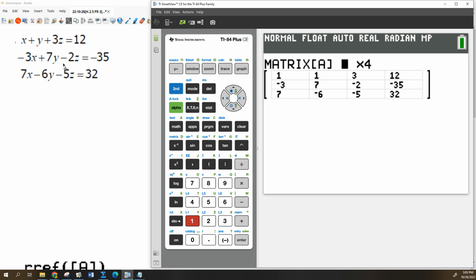My screen's a little goofy, but it won't count. Okay, so everybody got that?